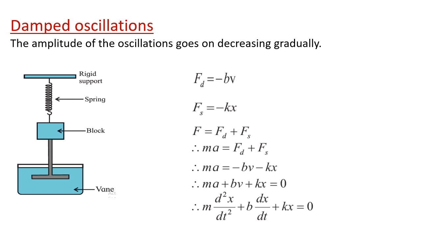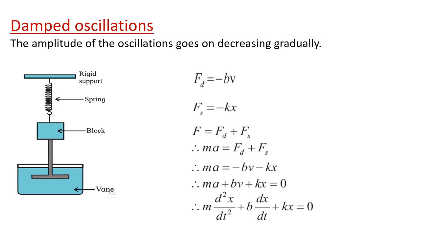The amplitude will not go on decreasing. Okay, but here we need to understand the damping of the oscillations. I hope the meaning of the damped oscillator is clear to you. So let us try to have a more clear-cut idea about the damped oscillations.